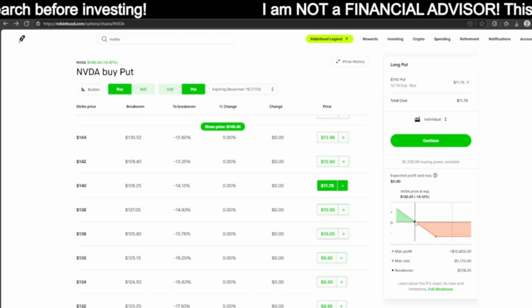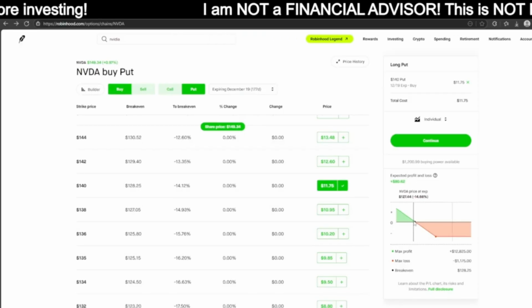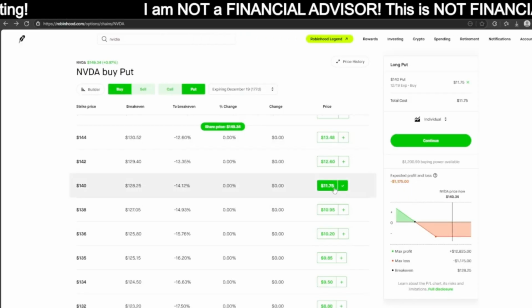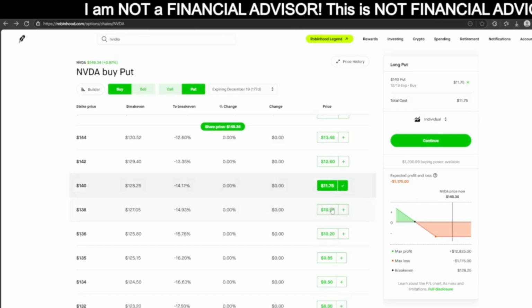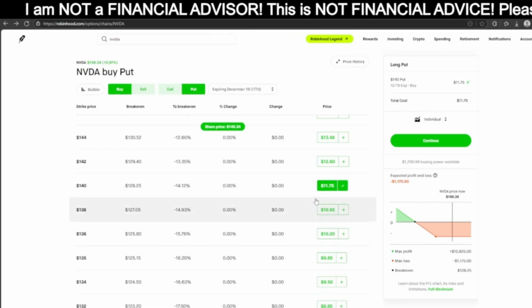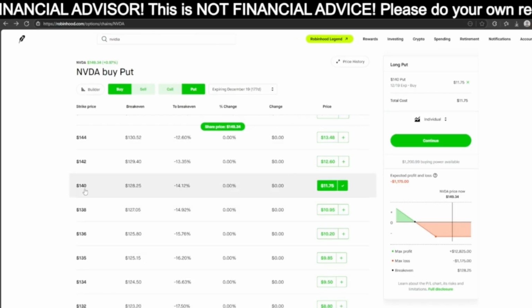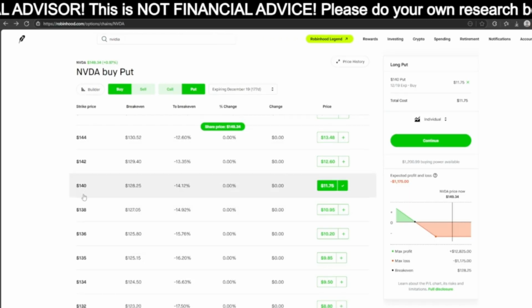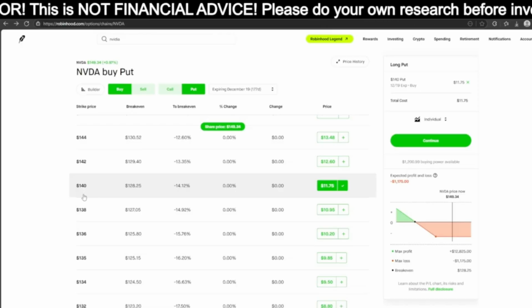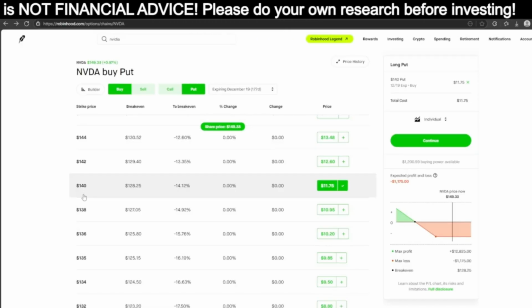And your break even is the strike price factoring in how much you're paying for the option itself. Now, instead of adding it as with a call, you subtract it for a put because you're hoping that it goes lower, not higher. So keep that in mind as you're looking at the options chain here. There's a lot more behind it, but I don't want to go too crazy here.